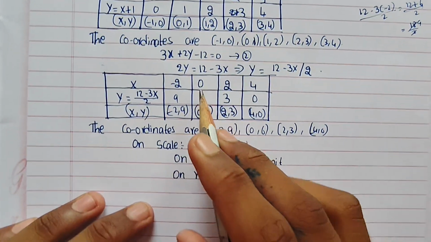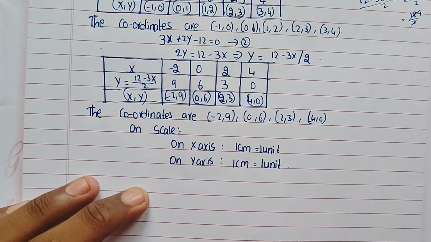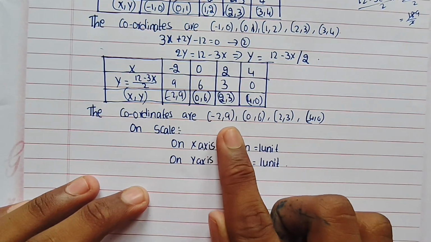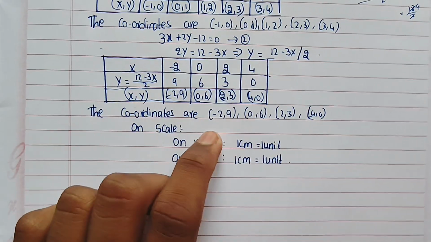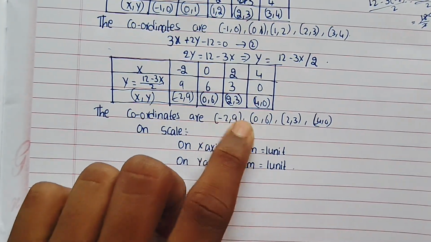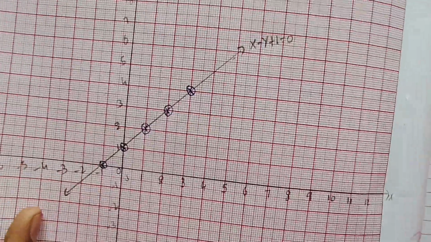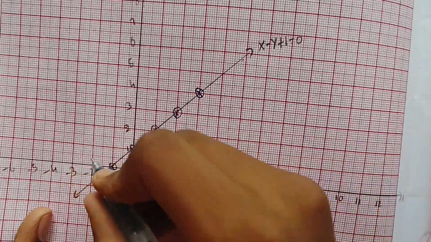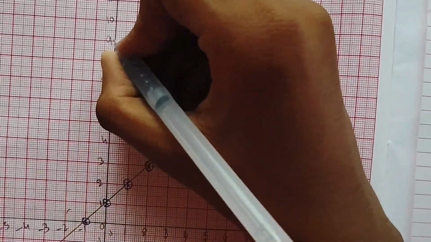Now let us draw the coordinates for y is equal to 12 minus 3x by 2. First ones are minus 2 comma 9, 0 comma 6, 2 comma 3, 4 comma 0. Now I am going to draw minus 2 comma 9 and 0 comma 6. Here this is the minus 2 and here this is the 9.